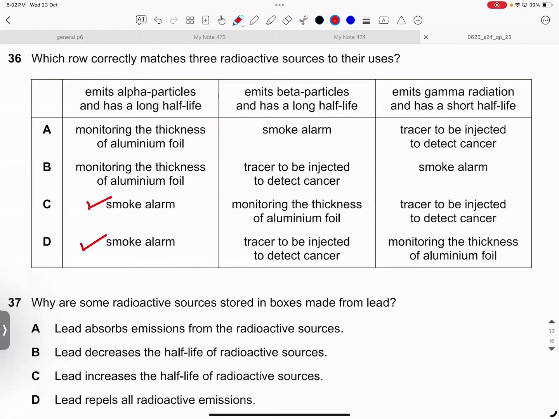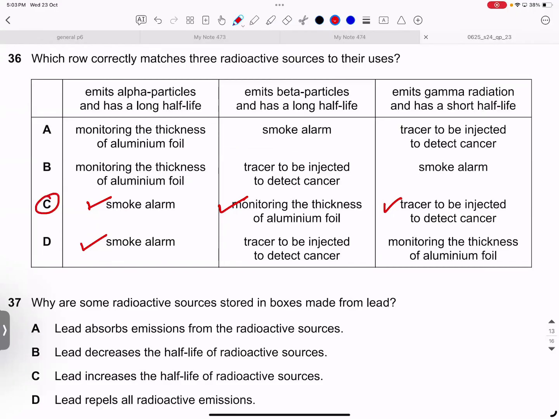Monitoring the thickness, we use beta particles. Yes. Now emits beta. So beta is used to control the thickness. That's it. So it means the gamma is used as a tracer to detect cancer. Cancer treatment and diagnosis, we use gamma radiation. Good uses. Correct option is C.